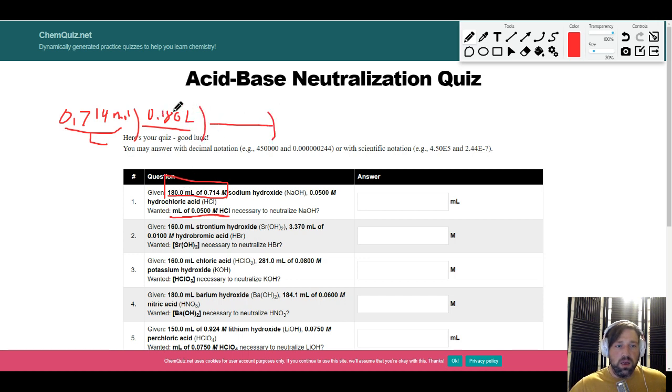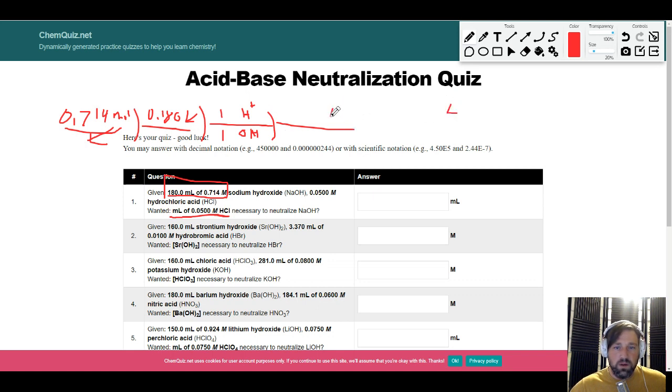Then we will convert 1 to 1, and this is going from OH to H plus. All right. And now we have moles of H plus. And we need to get to milliliters or liters, right?